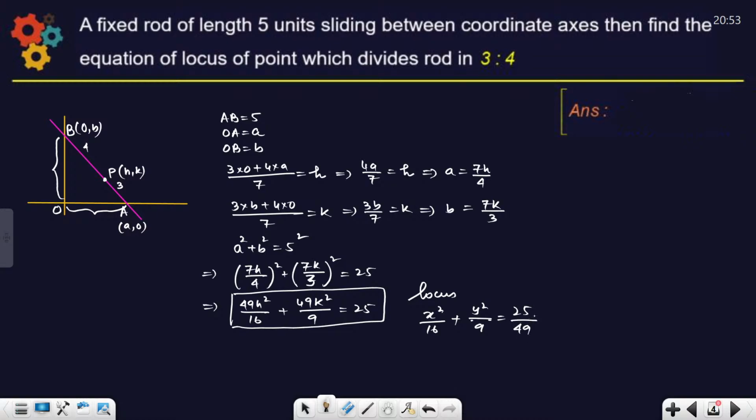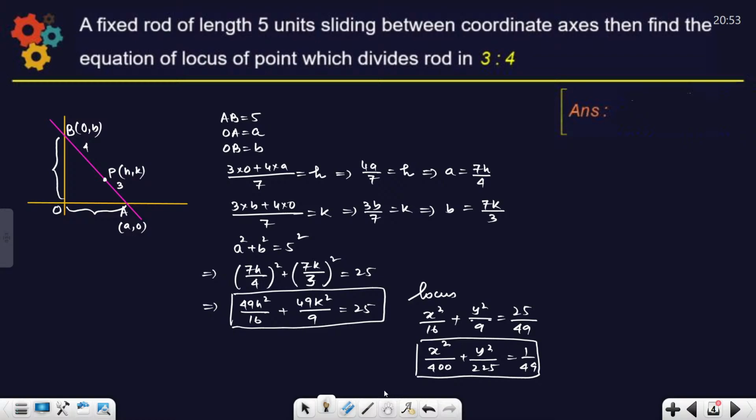Okay, so you can take this 25 in the denominator. So you are going to have x square over 400 plus y square over 225 is 1 over 49. And that's the equation of the required locus.